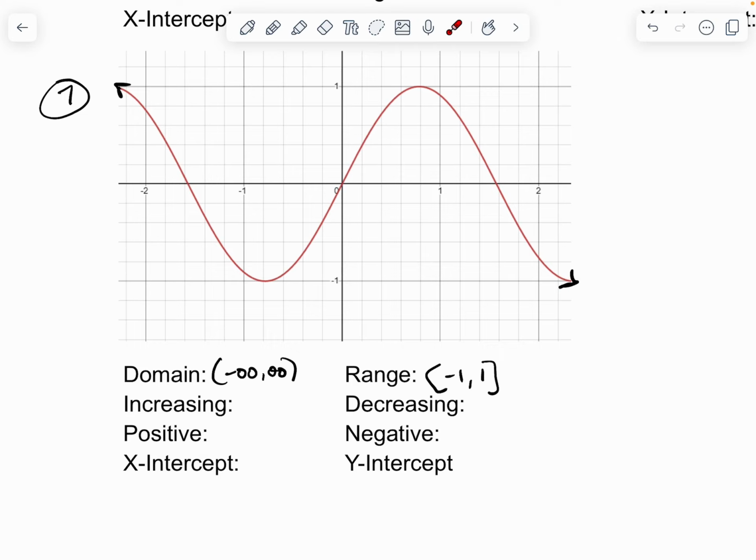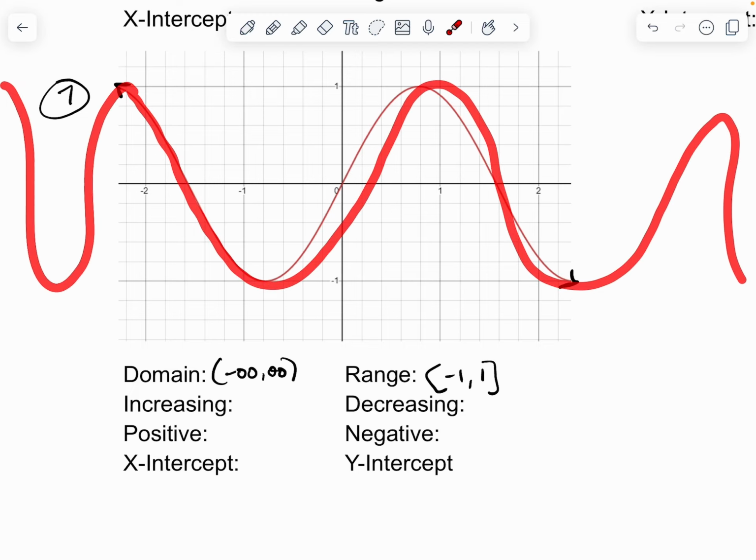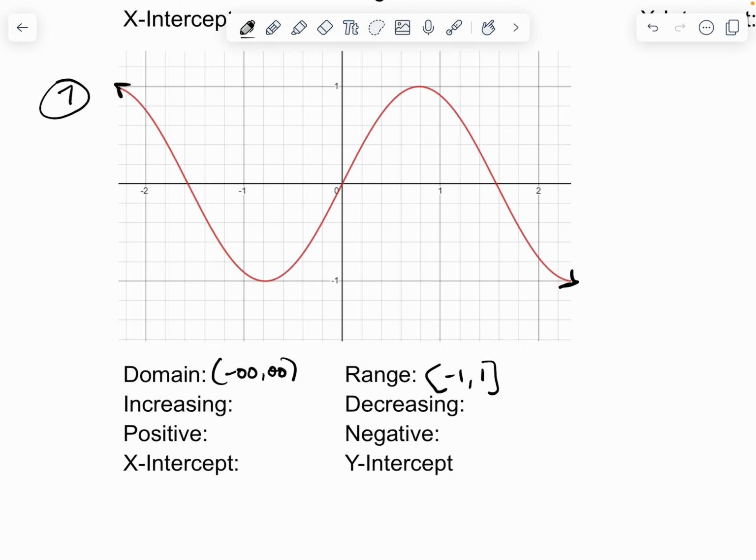And lastly, number 7. This one is going to have a couple parts to it. So when is this one increasing for us on this interval? And this one actually is going to be harder to answer. You would need to have some endpoints on this to answer, because this one actually has several, because this goes on forever and ever.